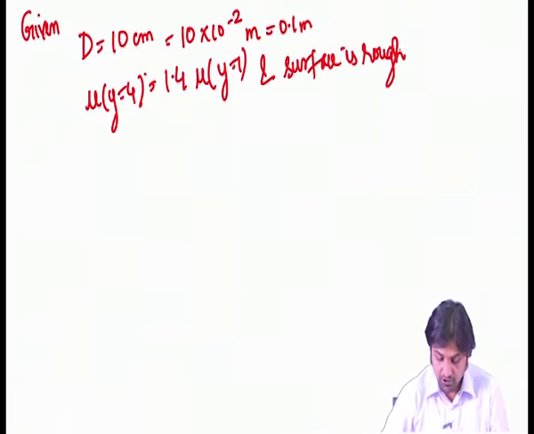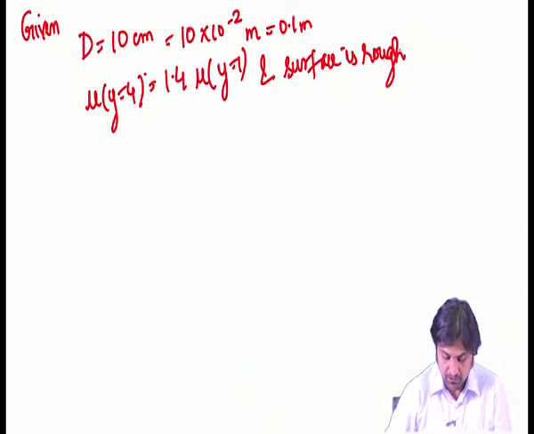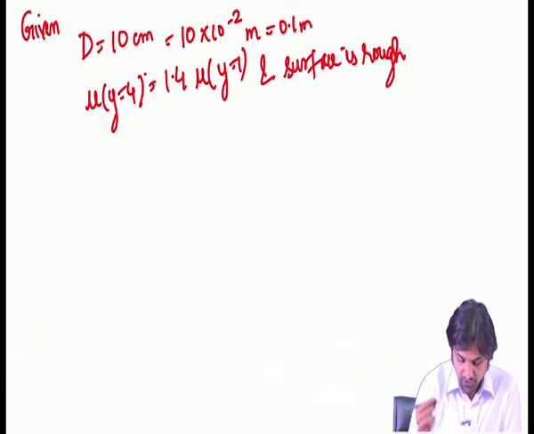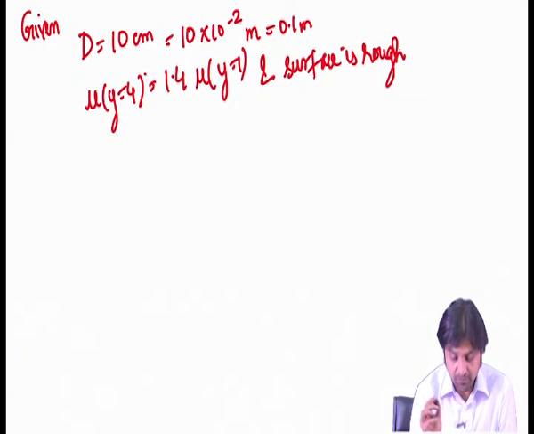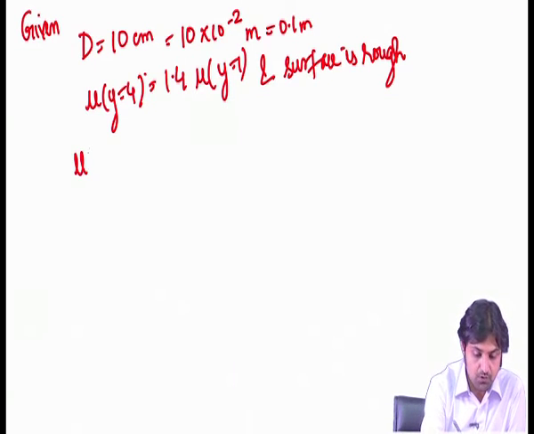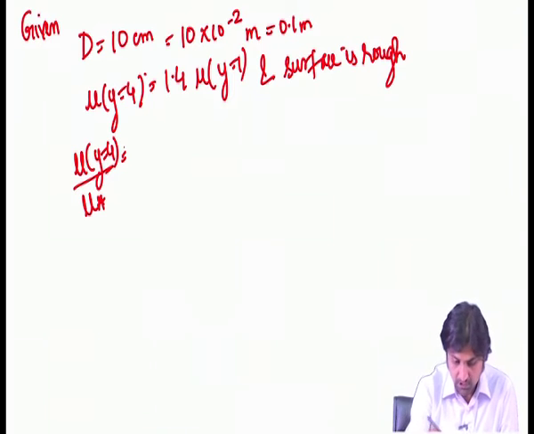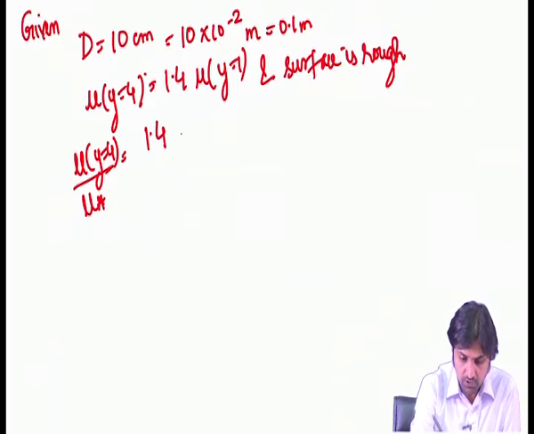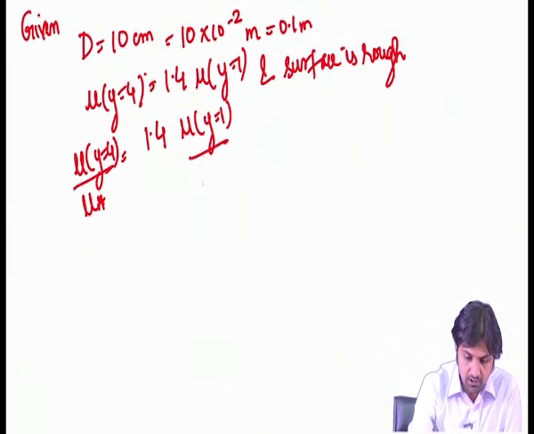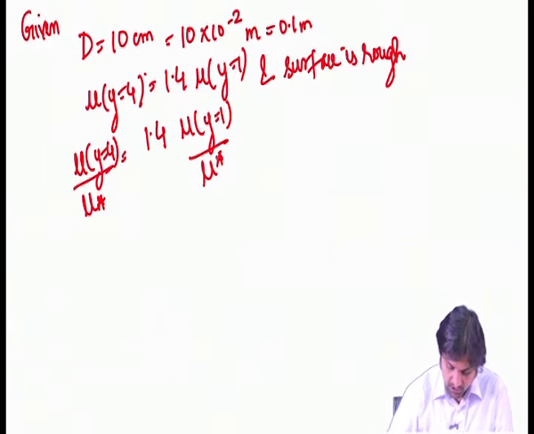This is what we have already been told, right. We can therefore from our equations write u at y is equal to 4 by u star can be written as 1.4 times u at y is equal to 1 divided by u star.